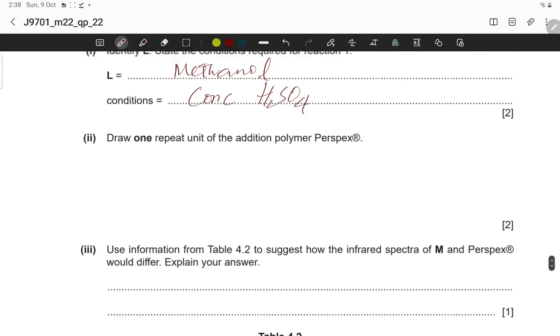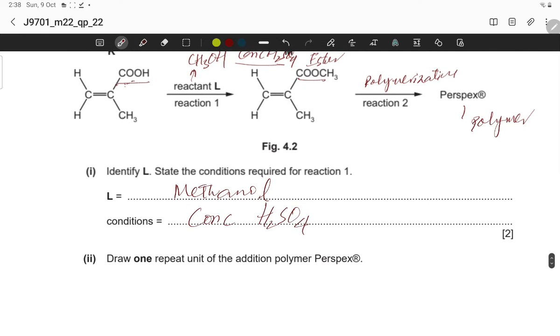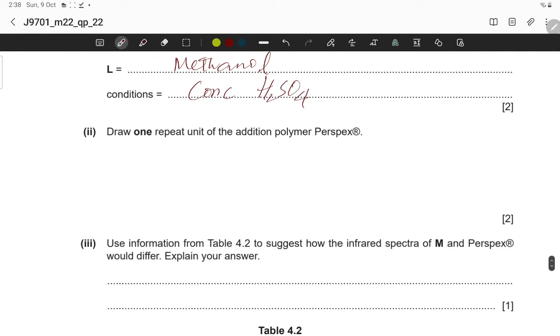Draw one repeat unit of Perspex. This is a very simple question. COOCH3, CH3. This is one repeat unit.